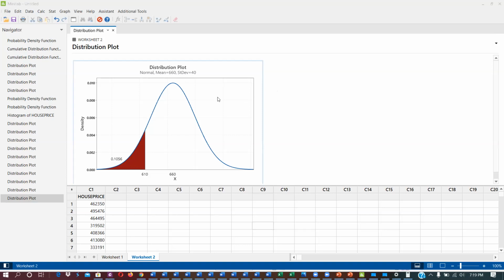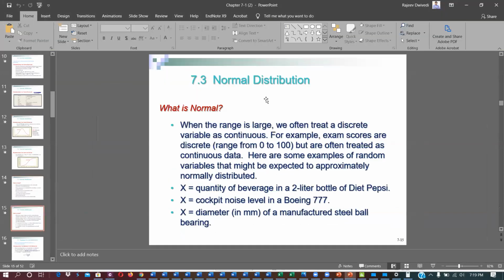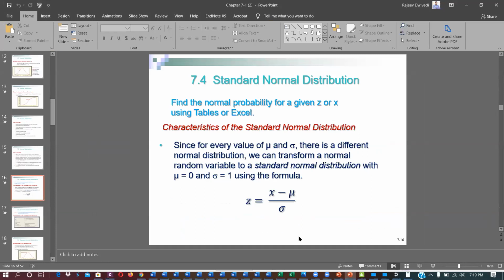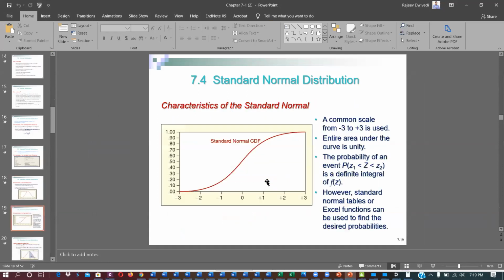So basically this is percentile, and this is about chapter number 7. So normal distribution, z equals x minus mu upon sigma. So you can do minus infinity to plus infinity, 0 is the mean, 1 is the standard deviation. This is the curve.